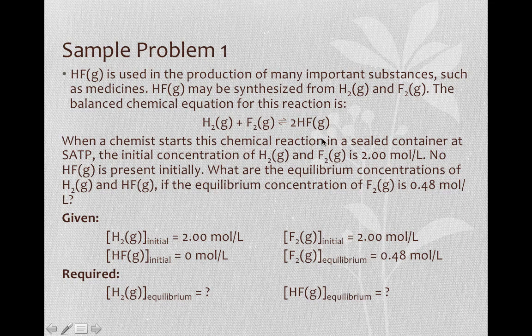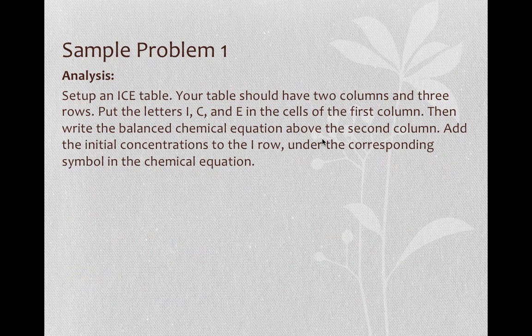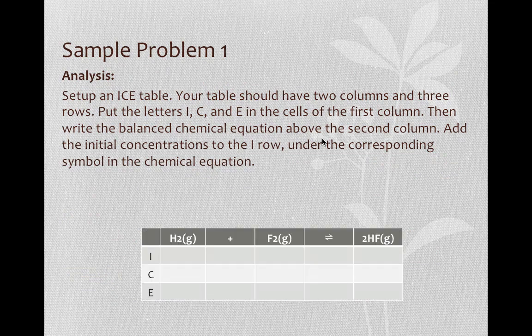To do this, like we said, we're going to set up an ICE table, so now we're going to walk through how to actually do that. We're going to set up the same idea like we did with stoichiometry, where we're writing out our balanced equation. Here we have our H2, F2, and 2HF.